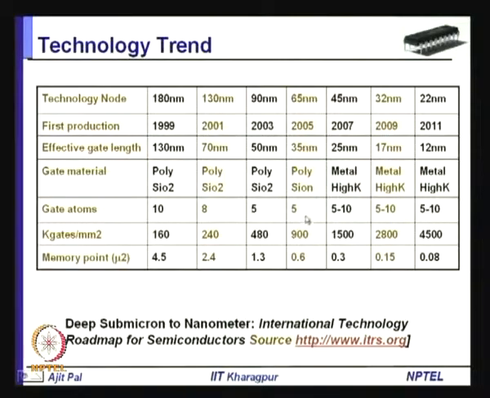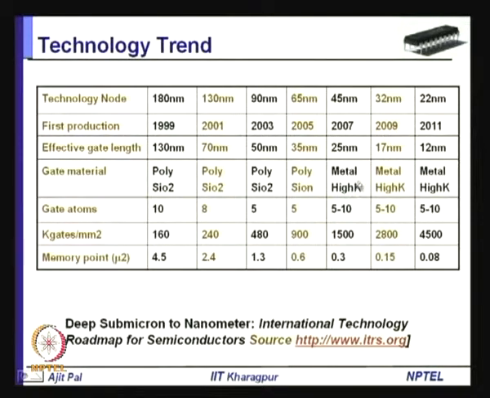So, you can imagine the thickness of that silicon dioxide layer, and obviously, if we want to continue reducing the size, we have to switch to high K dielectric. Obviously, we cannot use silicon dioxide, but we have to move to some other material which has a high K dielectric.